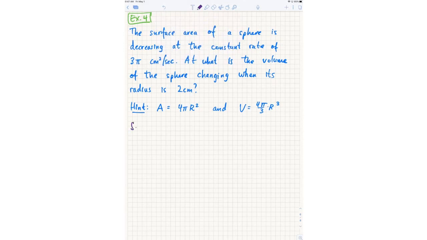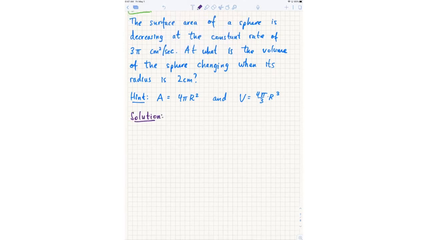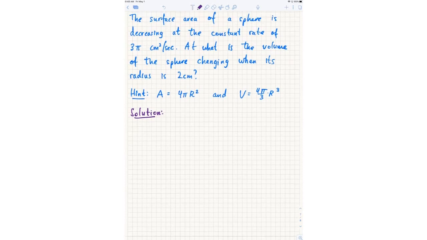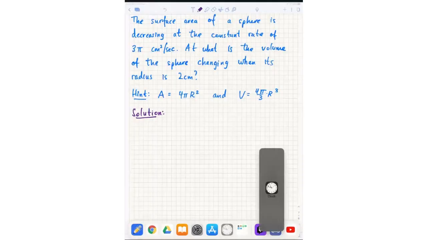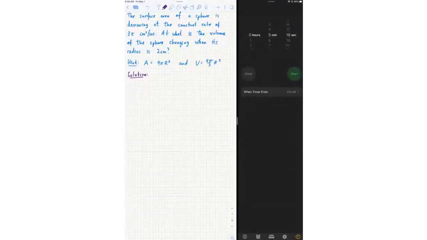I'll give you a few minutes to work on this on your own, and then we'll go over it. Think back to related rates, and how you actually start a related rates problem. If you have questions, please ask in the chat.